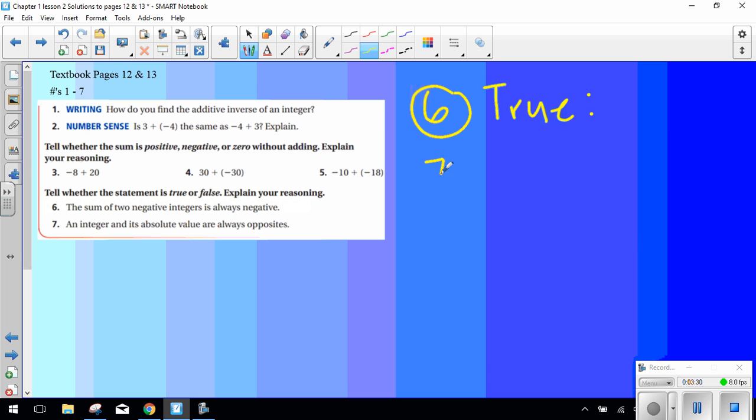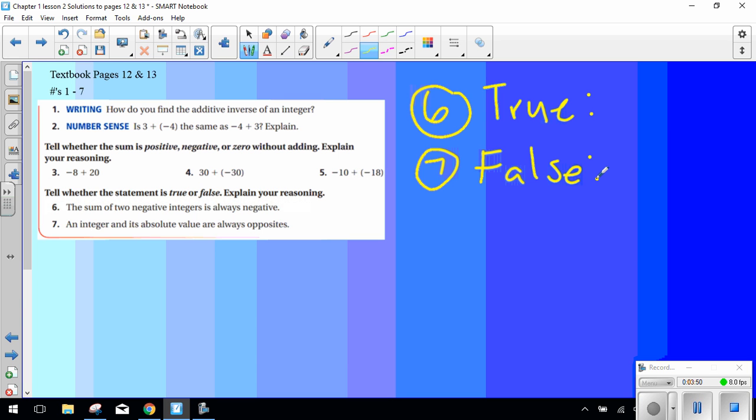Okay, number 7, an integer and its absolute value are always opposite. This is sometimes true, but the question says true or false. So this has to be false because it doesn't always present a true solution.